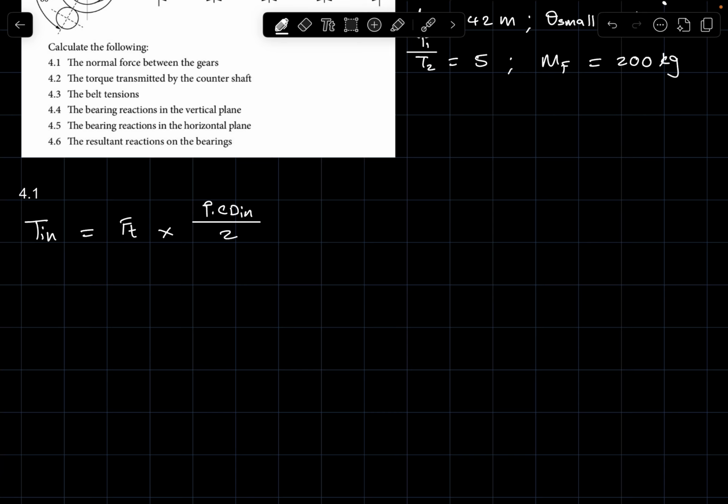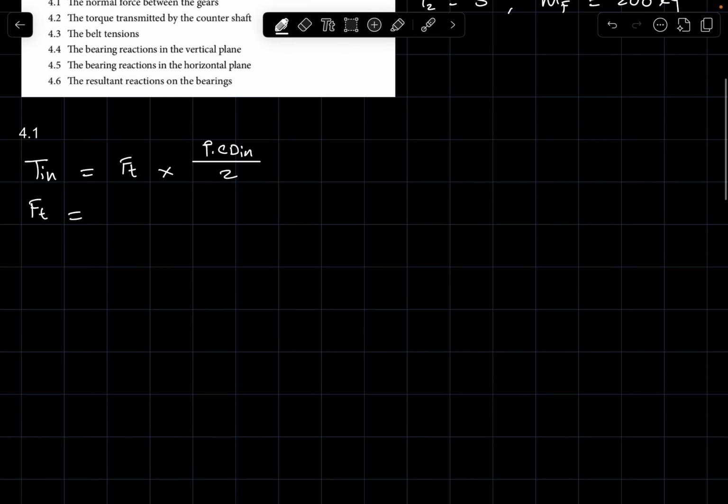From this we want to calculate the tangential force. So you simply make the tangential force the subject of the formula, and in doing so, Ft will be equal to the input torque times 2 divided by the PCD of the input gear, the pinion.